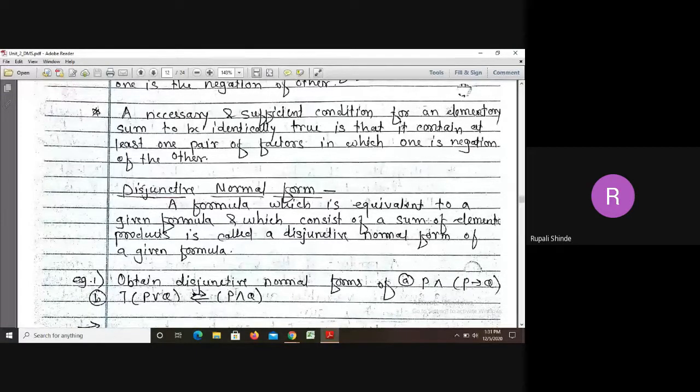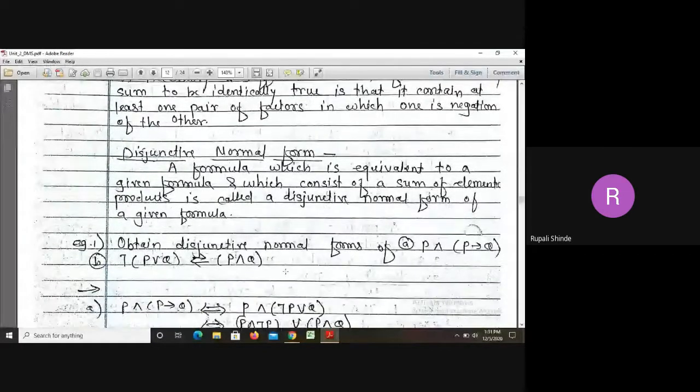Sum of elementary products is called disjunctive normal form. Sum of products means the sum should be outside the bracket. They can ask this kind of definition in an MCQ also. So the definition of DNF is sum of products. You have to remember it.